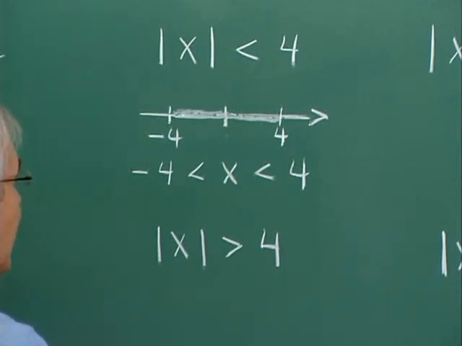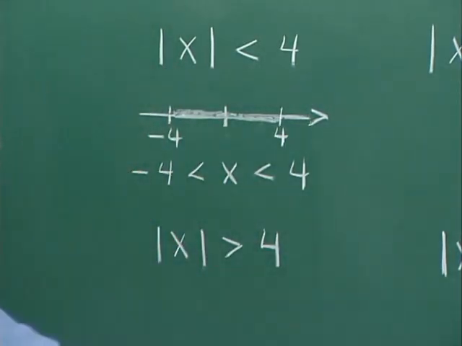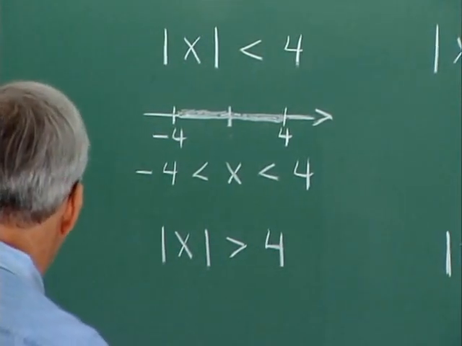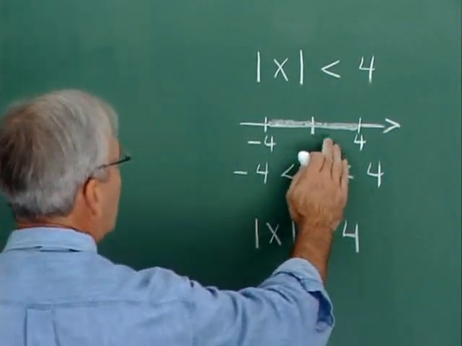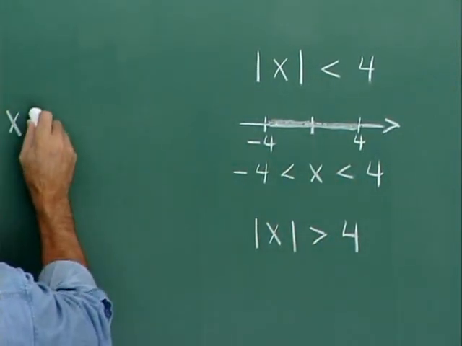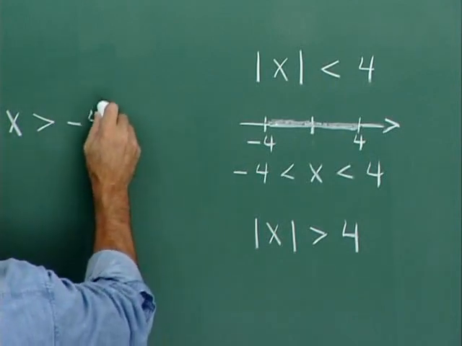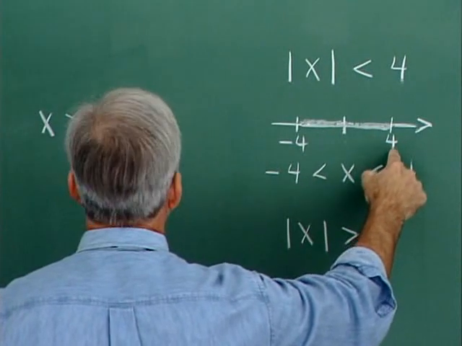We could make two separate inequalities out of the situation, and I want to show that here as well, because some people might prefer this, might prefer saying that, well, we're talking about x values that are greater than negative 4, but also x values that are less than 4.